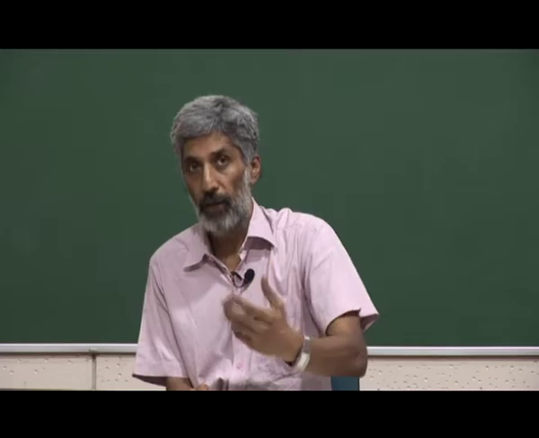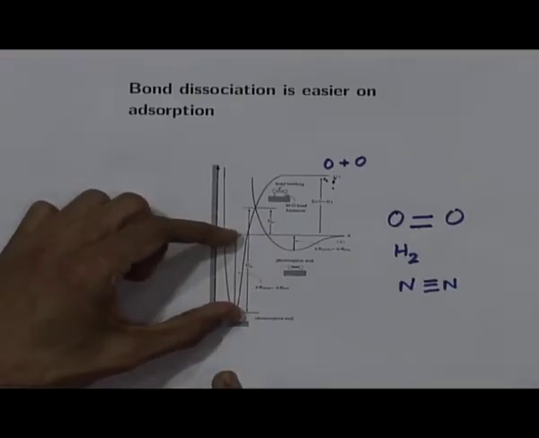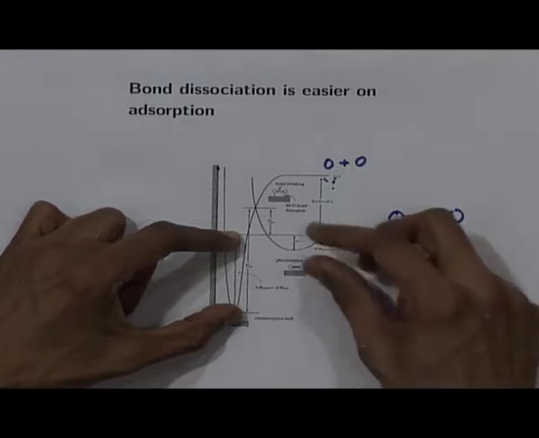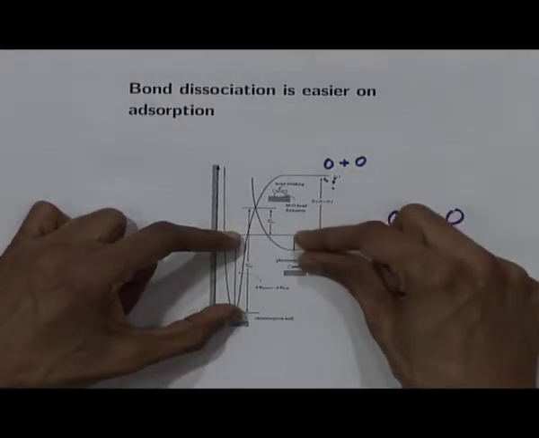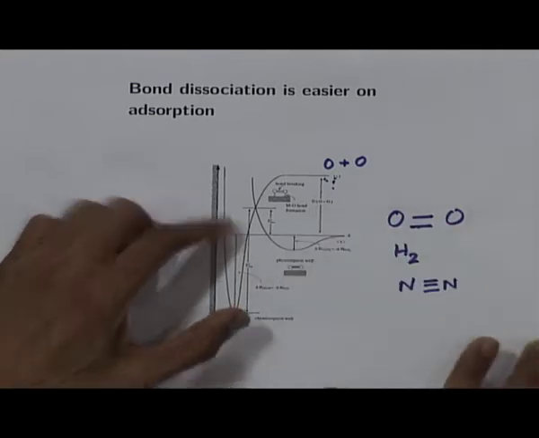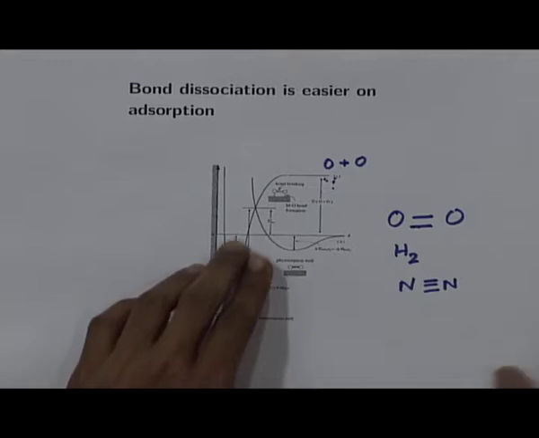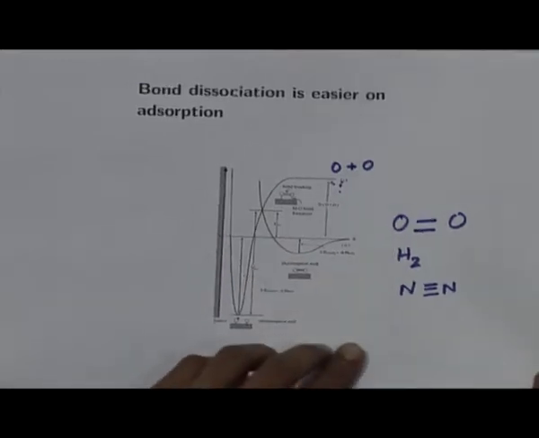So, we have an enthalpy of adsorption for a chemisorbed species much higher than what you would have in the physisorbed state. You can see from this potential energy picture the difference between chemisorption and physisorption.